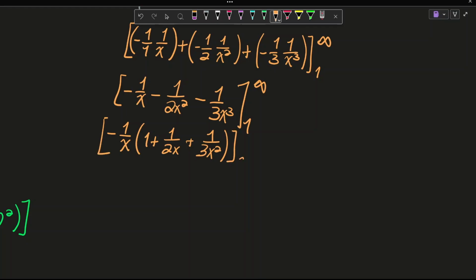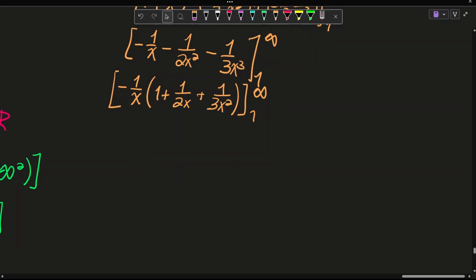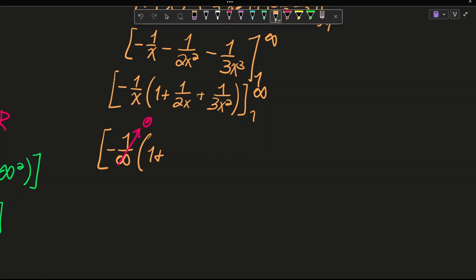Okay, let's see if that helps us in any way. Now when evaluating this, yeah, that pretty much helps us, because we begin with 1 over infinity, which we know immediately evaluates to 0. So you don't really have to put it into the other values, but we can: 1 over 2 infinity squared plus 1 over 3 infinity cubed.